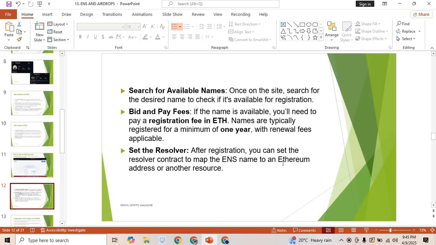Basically, this is saying, remember those addresses that we talked about? You map that address to that Ethereum name service, the ENS, so that every time your ENS name is somewhere, it can actually connect itself to that address.